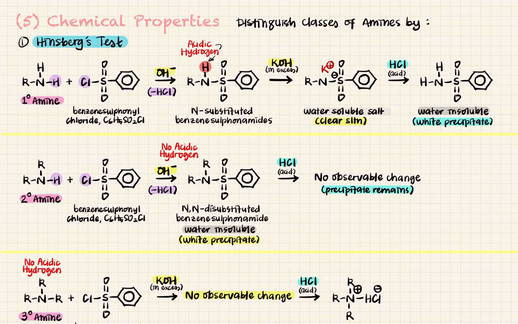Okay, so there are 2 steps in Hinsberg's test. The first step is reacting your amine with benzene sulfonyl chloride in basic, in excess KOH. So you will get your first observation, and then step 2, you treat it with acid. Alright.